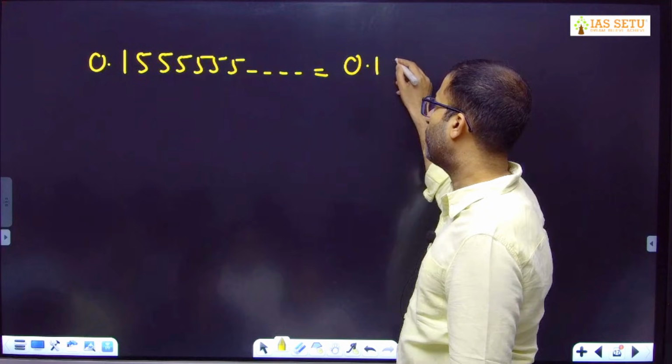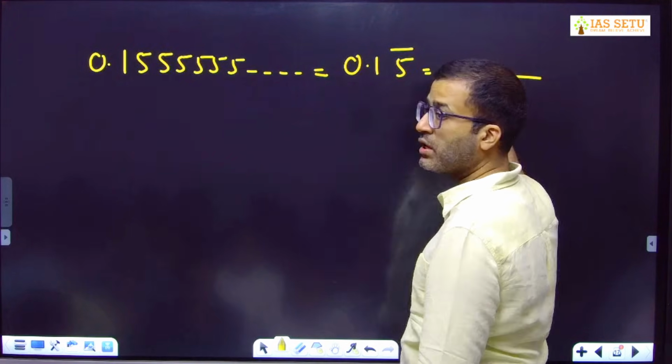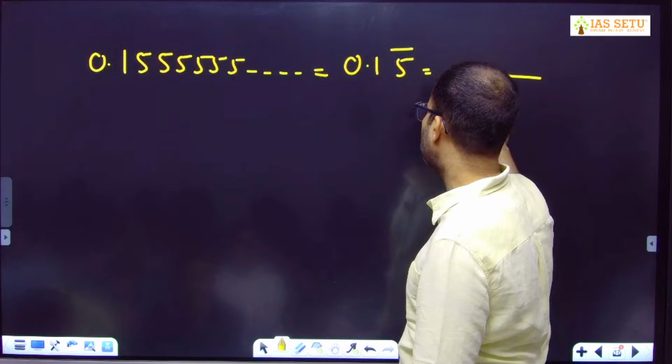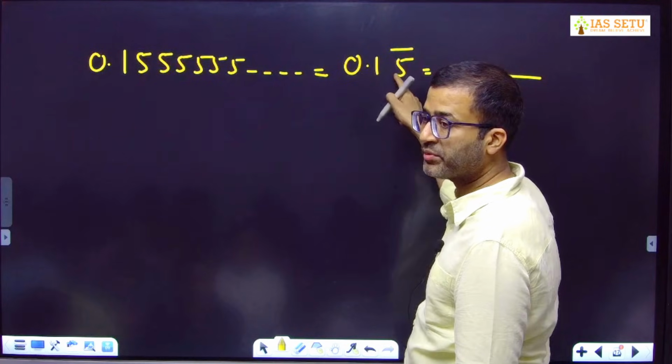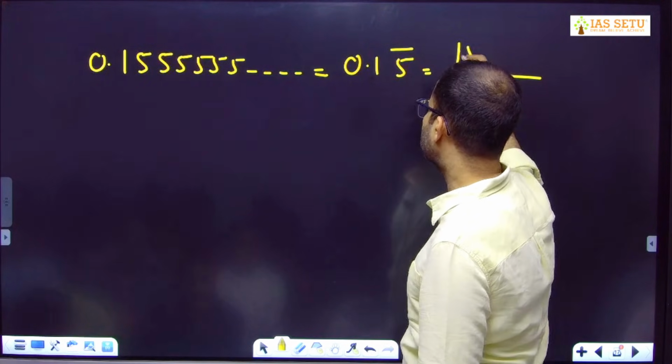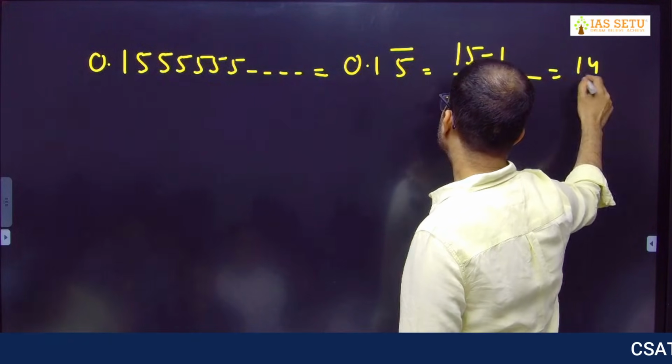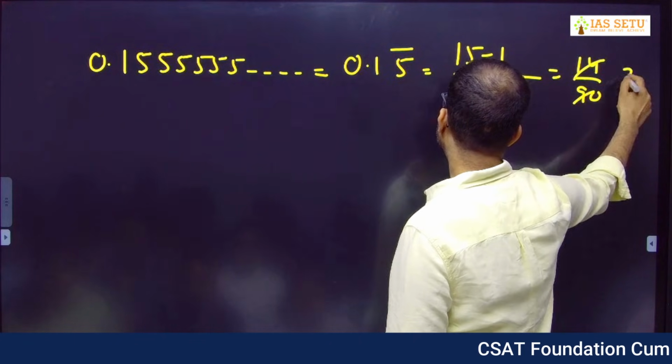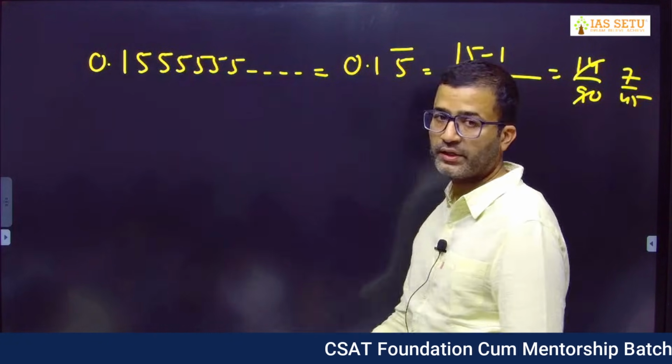So it is 0.1 bar on 5. How many digits under the bar? 1, so 9. How many digits between the decimal point and the recurring part? 1, so 0. So it is 15 minus 1. So it is 14 upon 90. It is 7 upon 45.